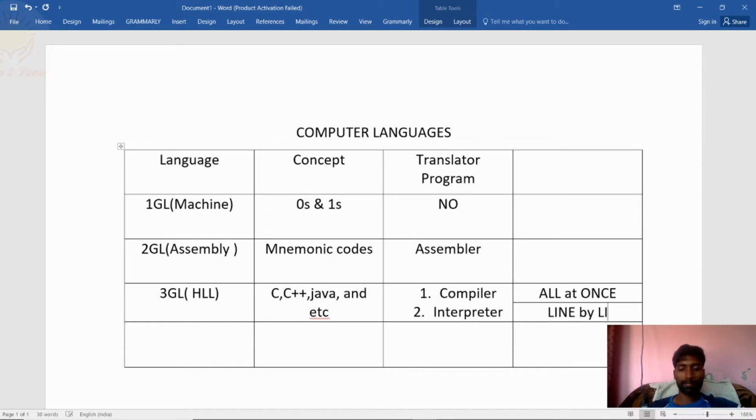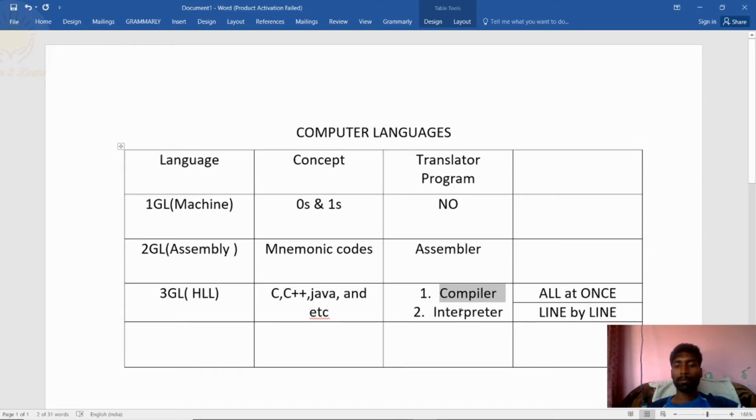If I am writing a program in C or Java, giving instructions, and I am using a compiler as the translator program, this compiler will convert my whole program at once into machine language and give it to the computer. The computer will give the answer. That answer, the compiler again converts all at once into a human language format.